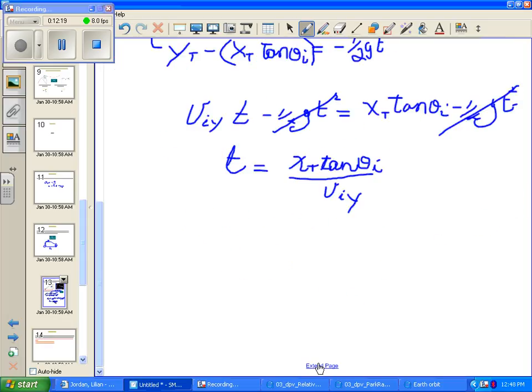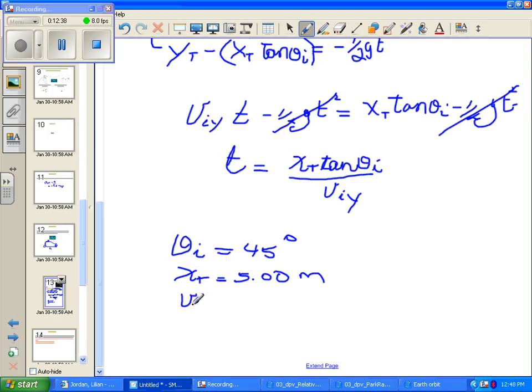Let's see, how about inserting some numbers? Let's let theta initial equal 45 degrees. Let's let x sub t, the horizontal position, equal 5 meters.